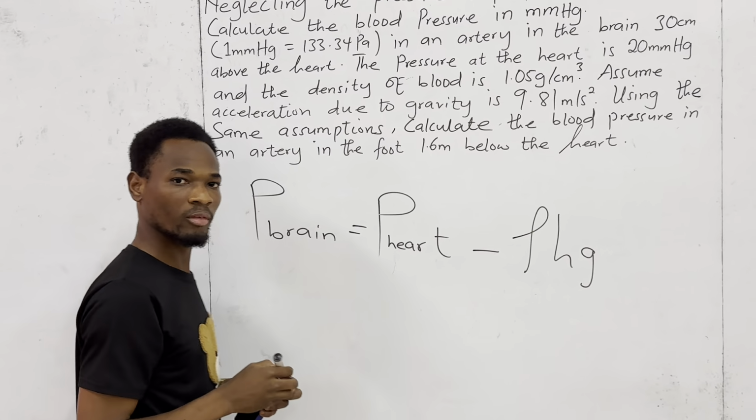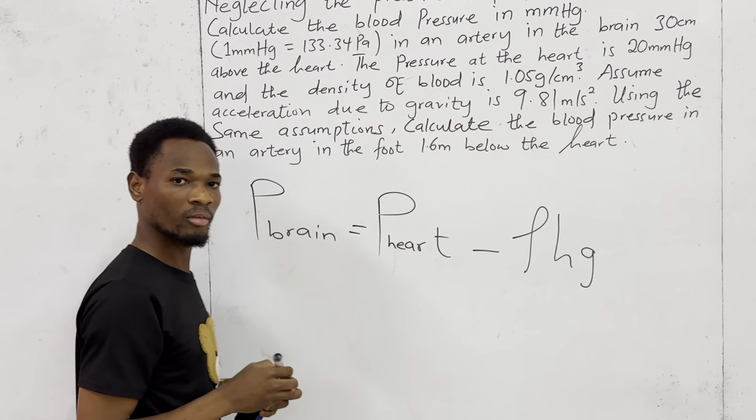So let's write our data down. We're given this relationship: 1 millimeter of mercury is equal to this. In an artery in the brain, 30 centimeters above the heart, so this talks about height or distance.